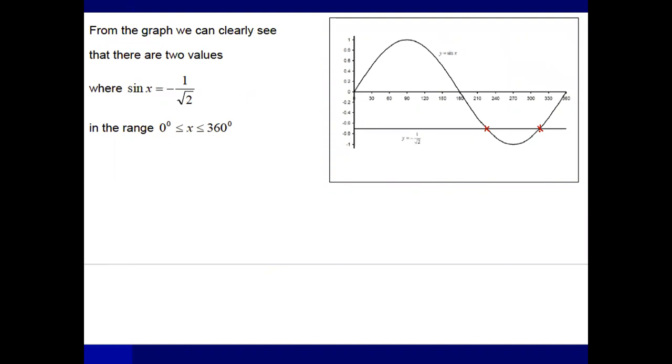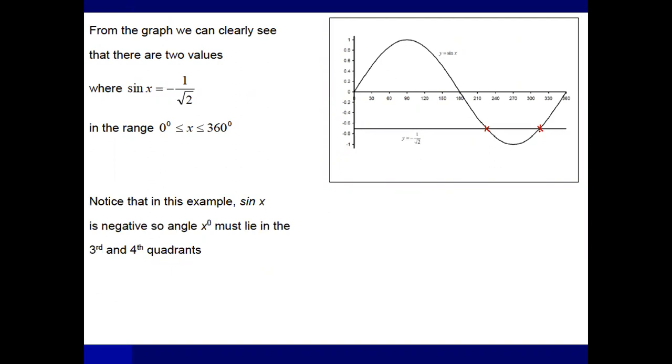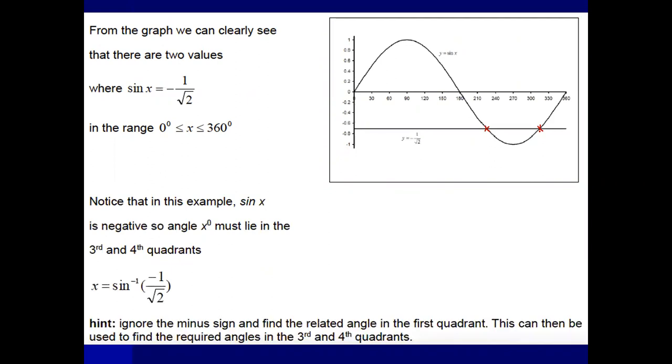But I need to find that angle if it was positive, 1 over √2. So what did we say we're going to do? Ignore the minus sign. Find the related angle in that first quadrant. This can be used to find the required angles in the third and fourth quadrant using CAST if you want.